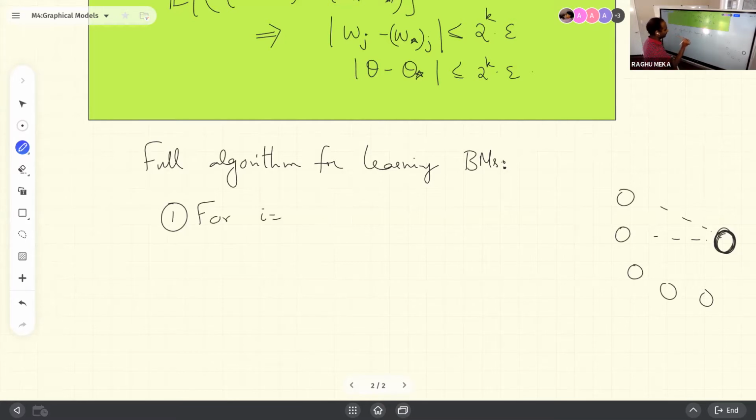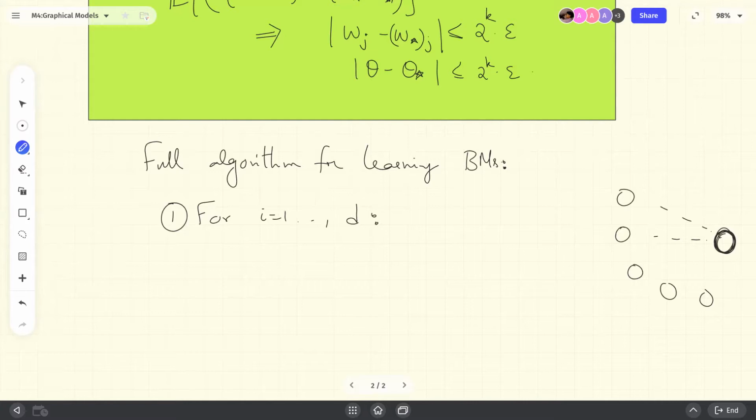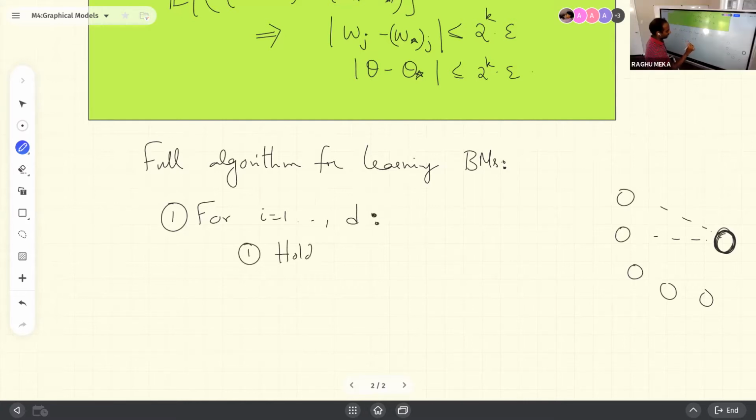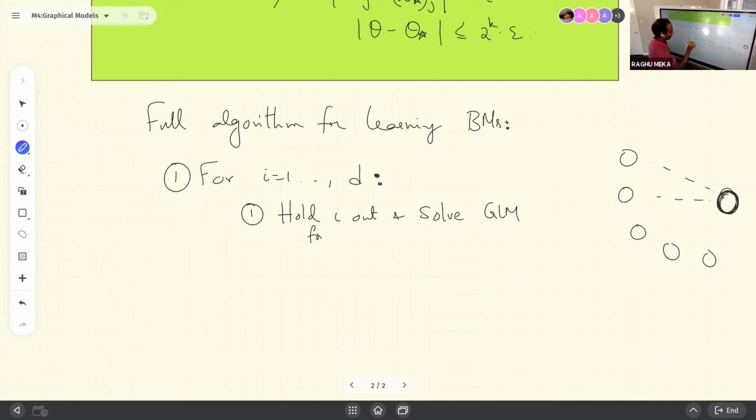For i equals 1 through d, hold i out and solve GLM for predicting x_i from x minus i using sparsitron.